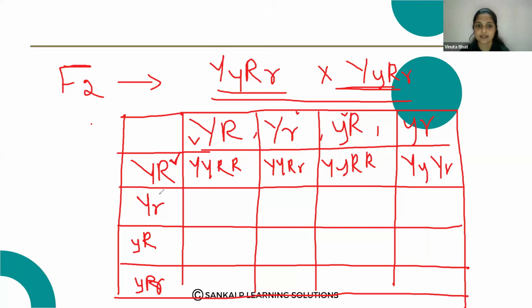And let's take the second gamete, capital Y capital R small r. Then you see the next combination, that is having capital Y small r, right? Then that is producing yellow wrinkle seeds. Then the next one, capital Y, capital R, small r.